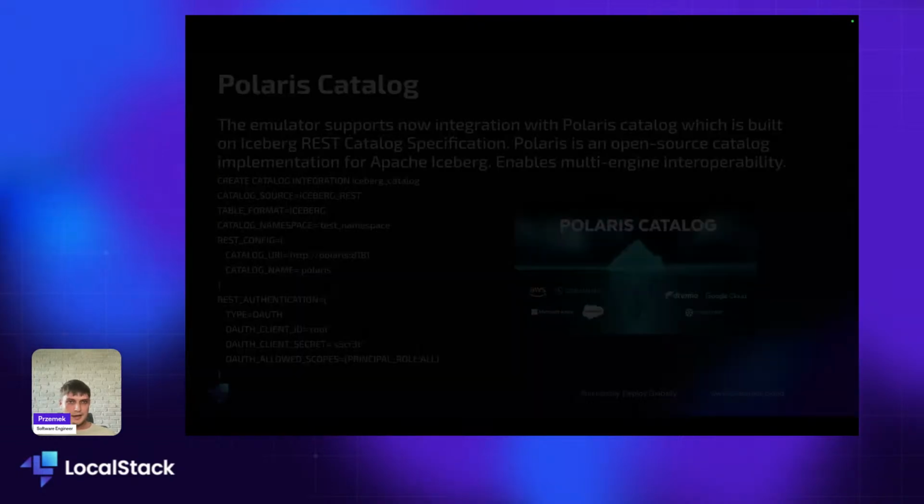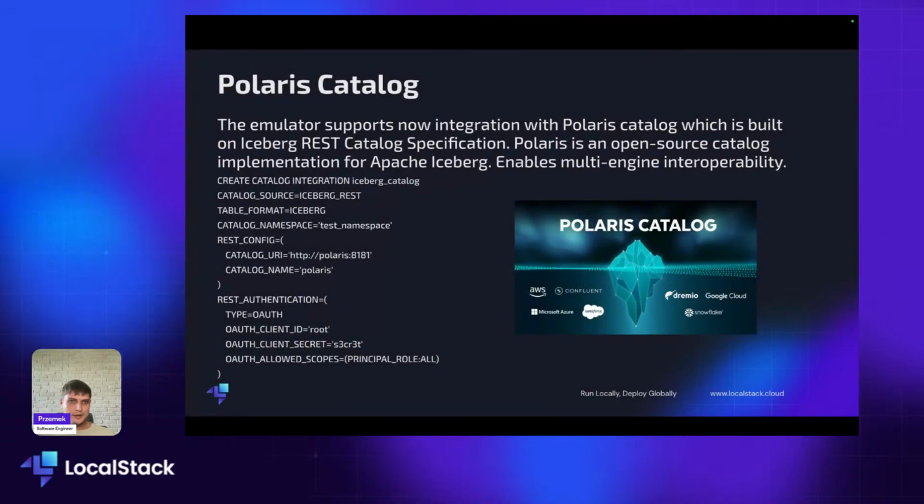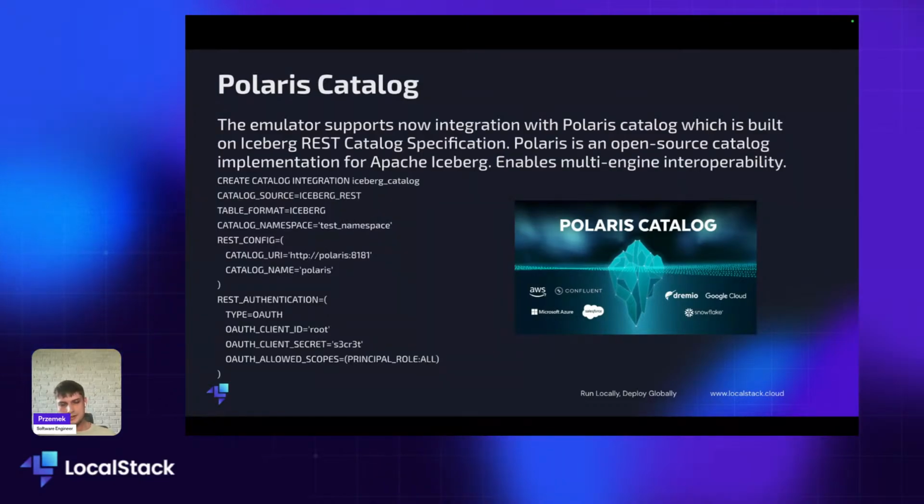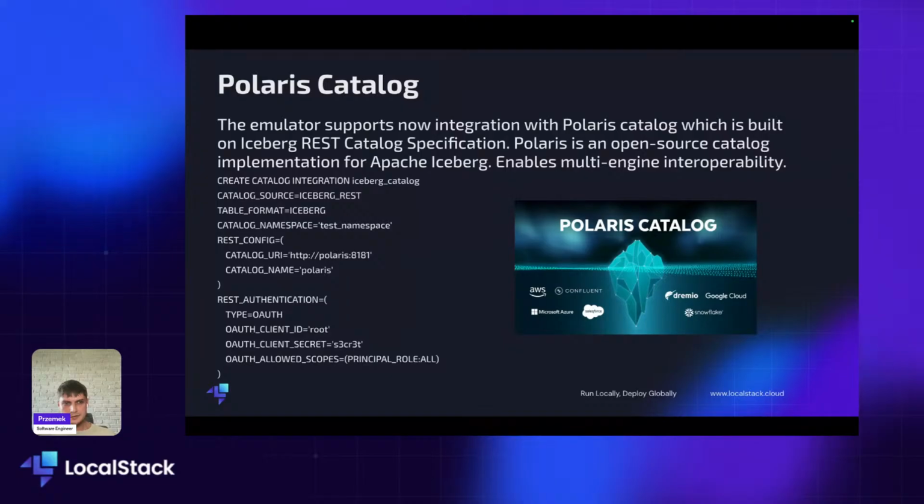The next feature we added is Polaris catalog integration support. Polaris catalog is an open source catalog implementation for Apache Iceberg. It follows the Iceberg REST catalog specification, and it enables multi-engine interoperability.